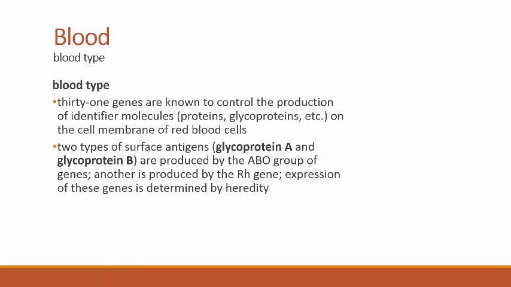So blood type is determined genetically. There are 31 genes that are known to control the production of identifier proteins or identifier molecules on the surface of red blood cells. Most of these identifier molecules are proteins or glycoproteins.